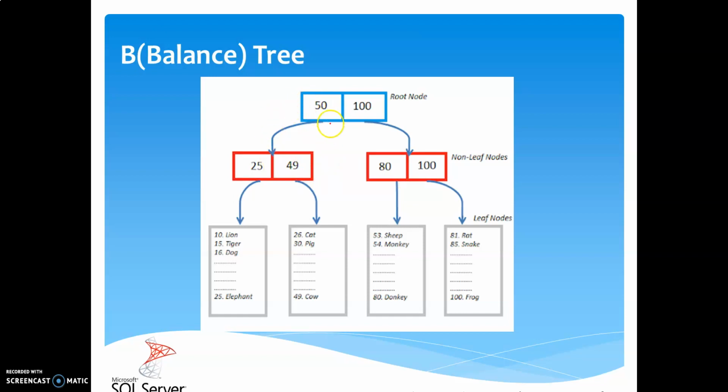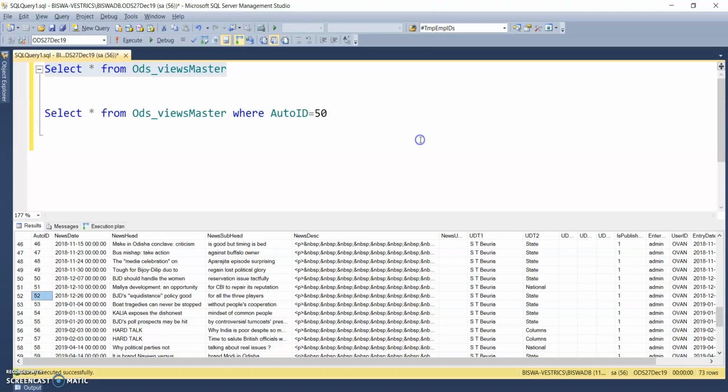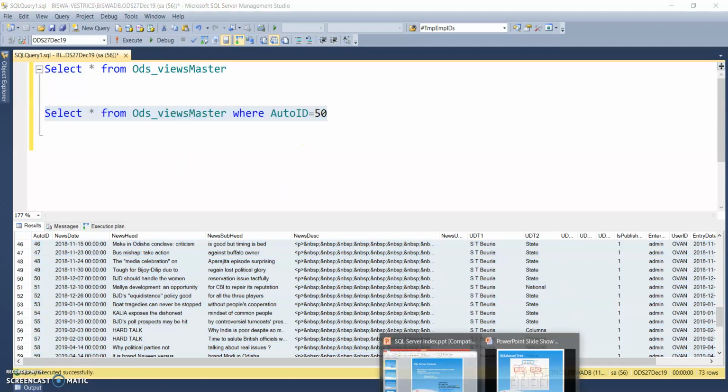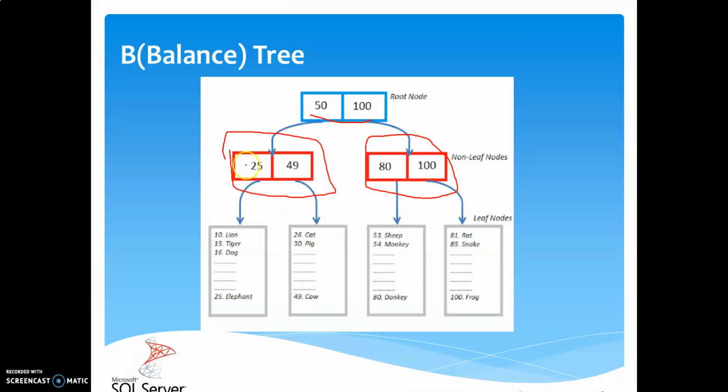It will divide it, first the root node. It will divide it like 50 and after 50. Next, this 50 is again divided into two chunks, two nodes. Again, whatever remains after 50 is divided into two nodes. So now if I create an index and run this query for 50, what will happen? First it will check 50, which node does it come under?